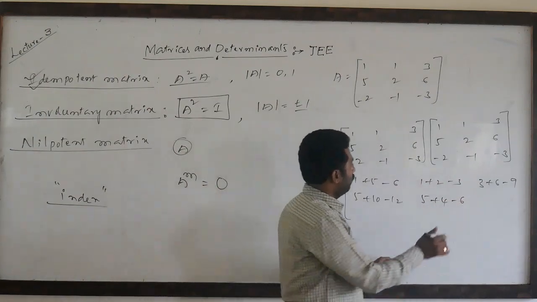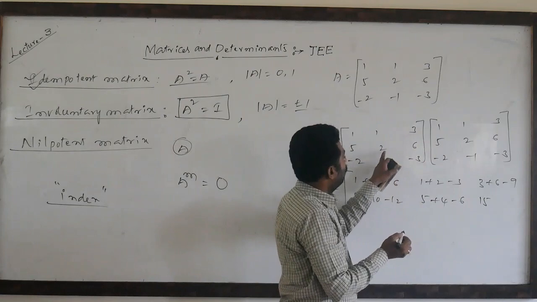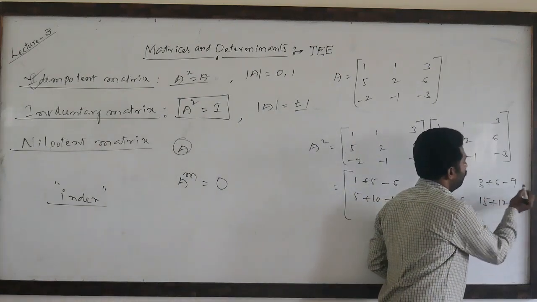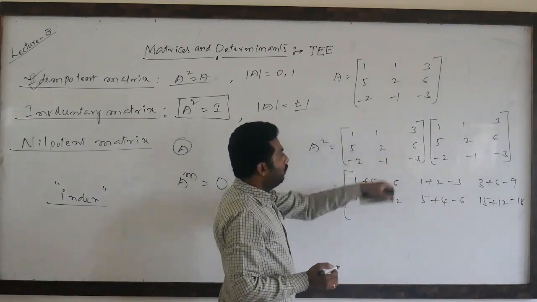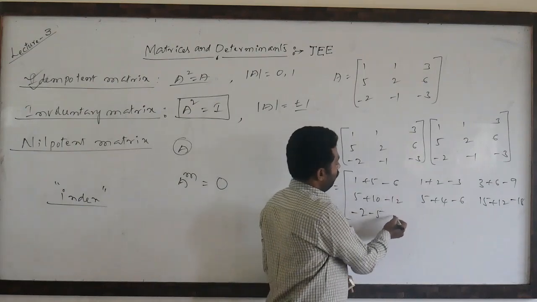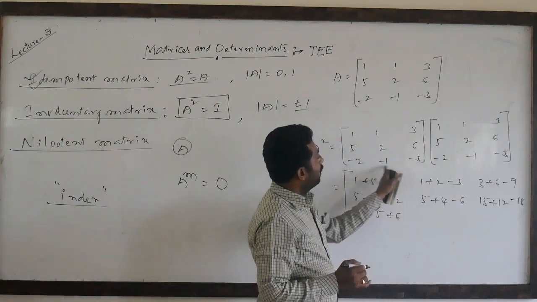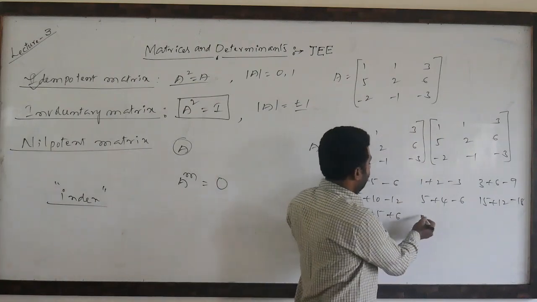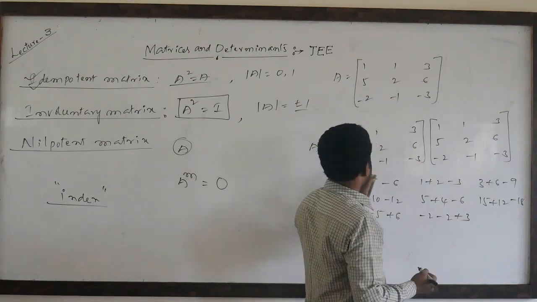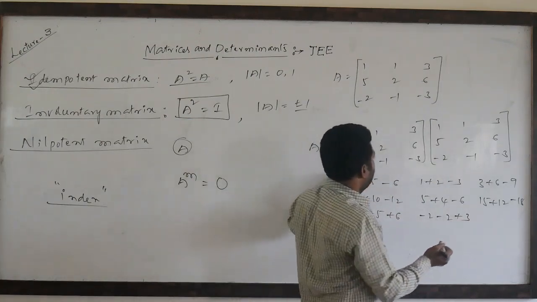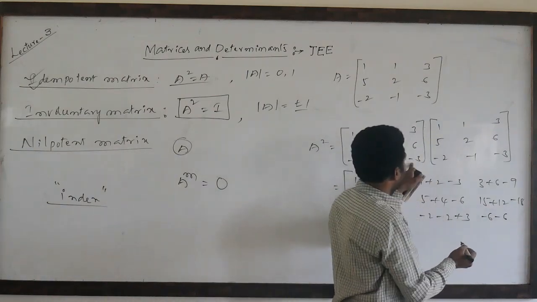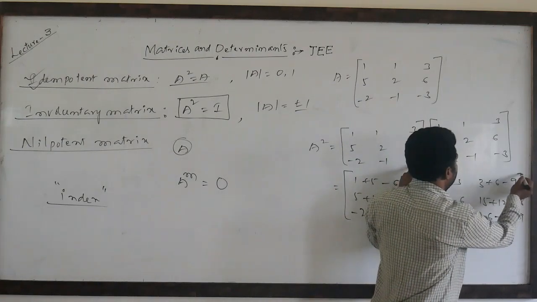Second row, third column: 15 plus 12 minus 18. Next, third row, first column: minus 2 minus 5 plus 6. Third row, second column: minus 2 minus 2 plus 3. Third row, third column: minus 6 minus 6 plus 9.